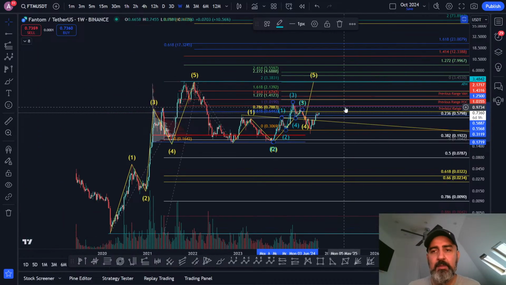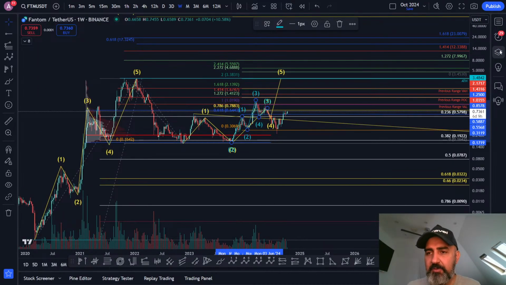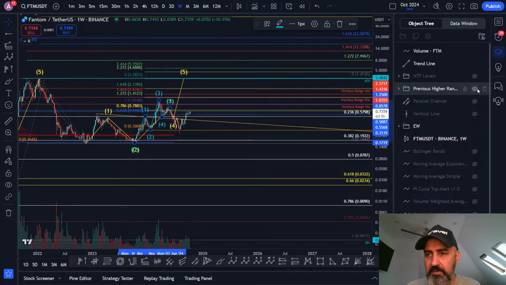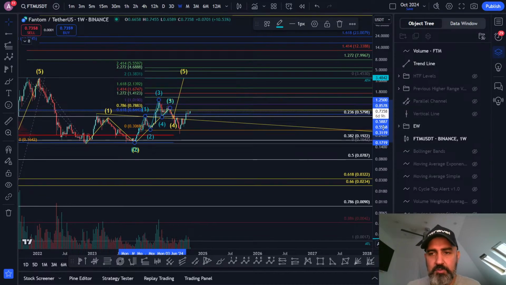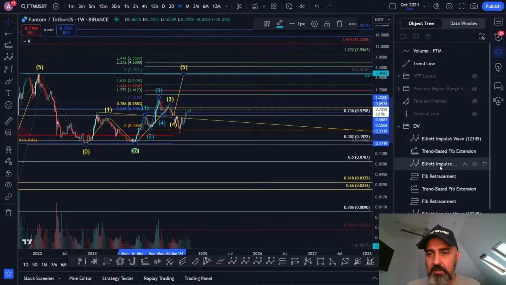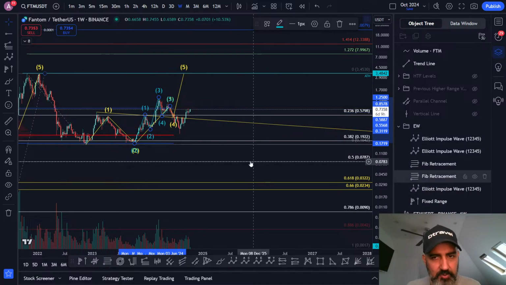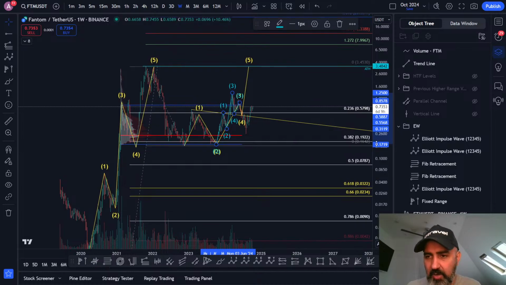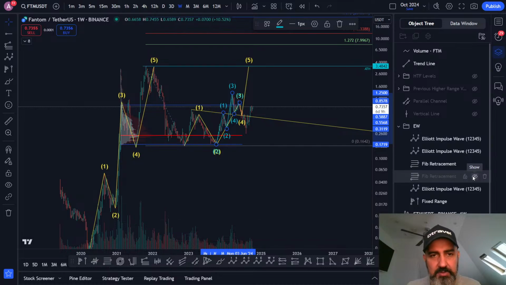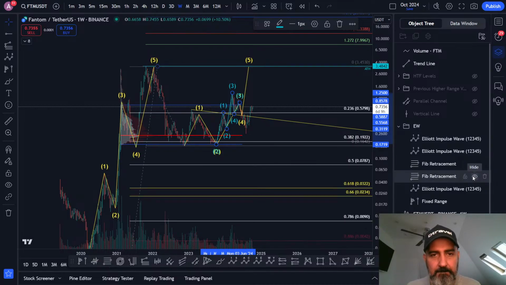All right. Let's get rid of these volume areas. And then these extensions. I think we should get rid of these extensions because they're easy to draw and they kind of make the chart quite messy. Fib retracements. Those are the extensions. Get rid of that one. All right.